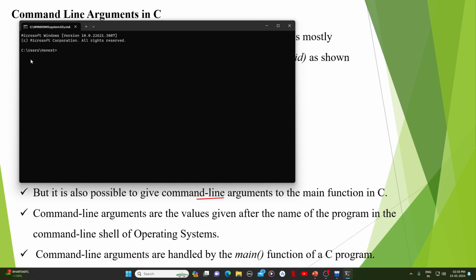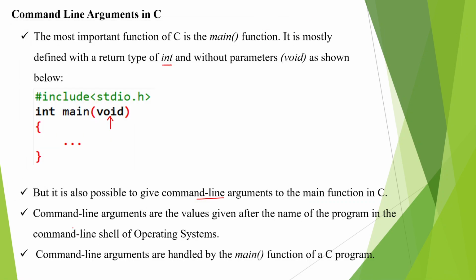How we execute that, and how we can pass arguments to that executing program, I will show you in today's session. Command line arguments are nothing but values given after the name of the program, because when giving command line arguments, first we give the name of the program to which we are passing these values.